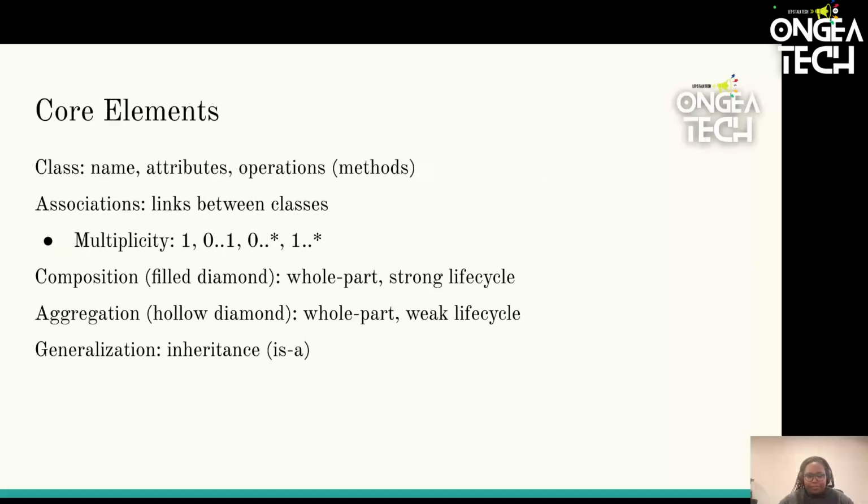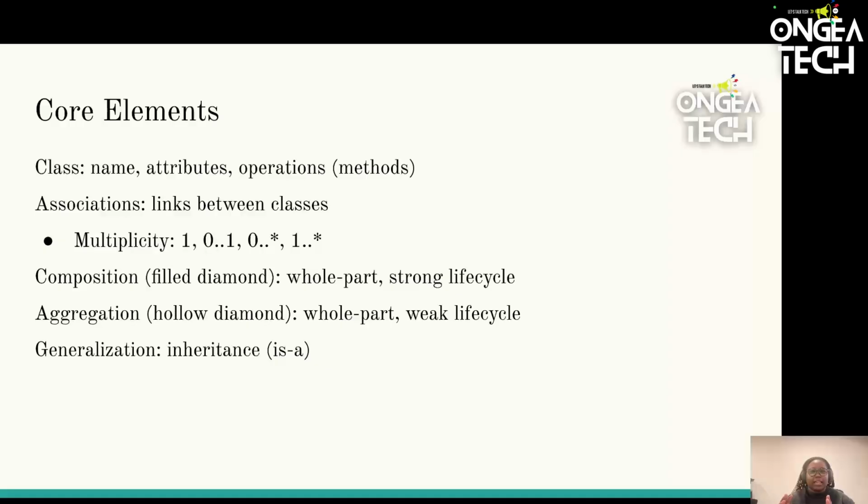So core elements. I guess I'm repeating myself in some of these things, but repetition is good because that's how we learn. So one of the core elements is the class itself. So this would be a table with a name and then attributes, like the properties, variables and all that.